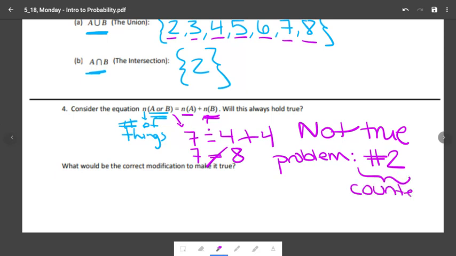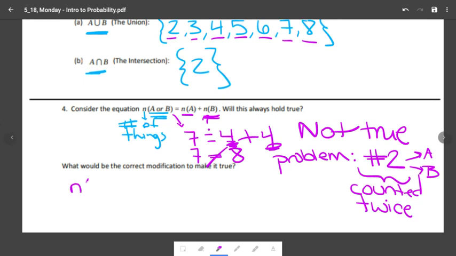This number got counted twice. The number 2 was in set A, but it was also in set B. So when I counted up how many things were in each, I counted the number 2 twice. It was counted with my first 4, and it was counted with my second 4 here.